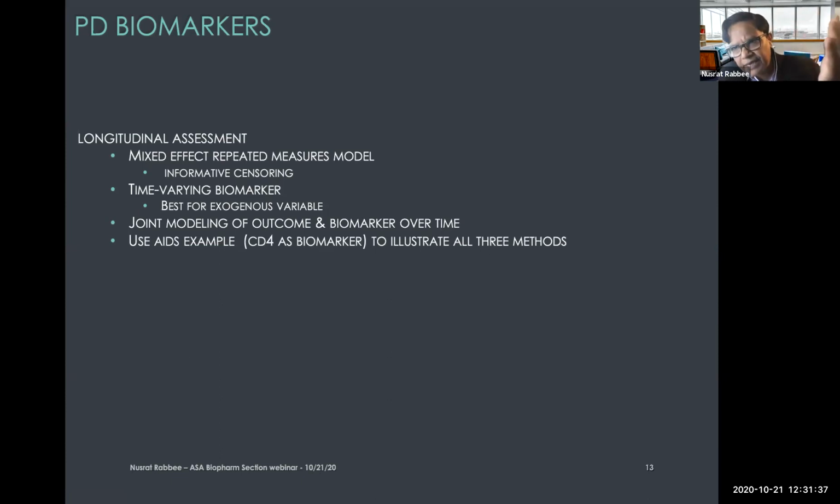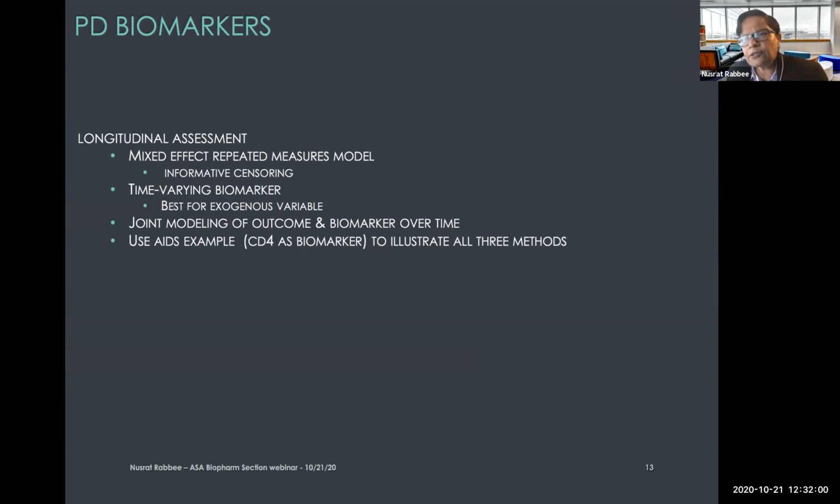Endpoint could be the gain, an AUC, it could be percent change, it could be change, or it could be absolute value. But if the same biomarker is being measured in a particular subject, you do have to use the mixed effects model to account for the correlation within subject over time.